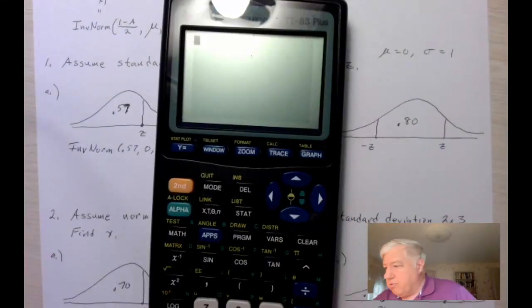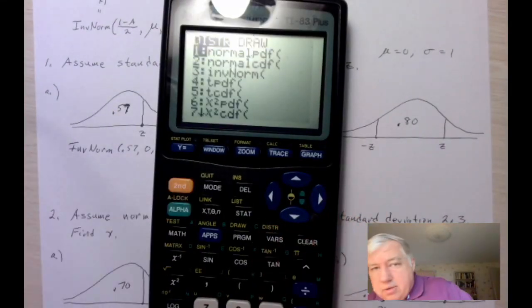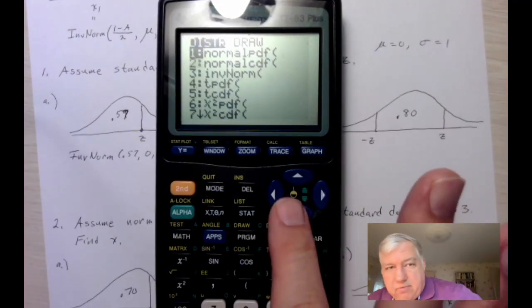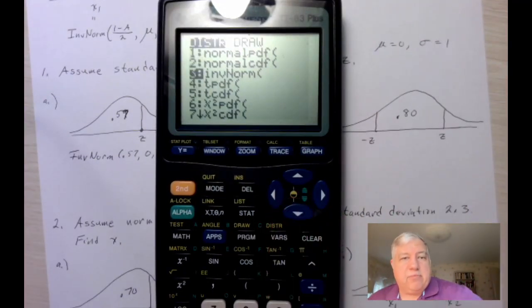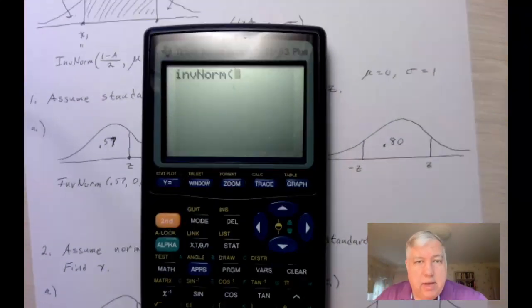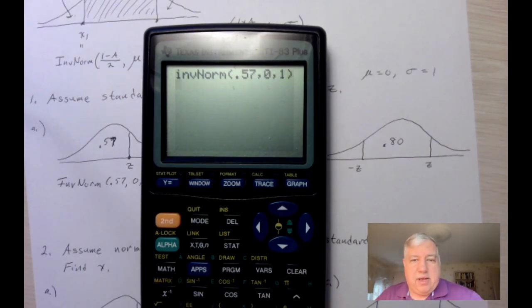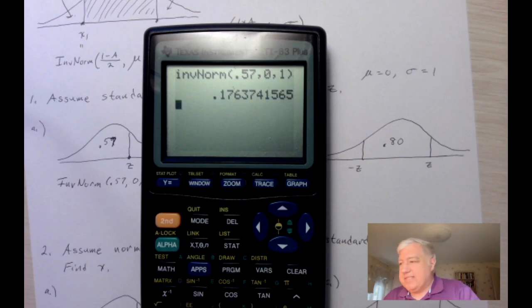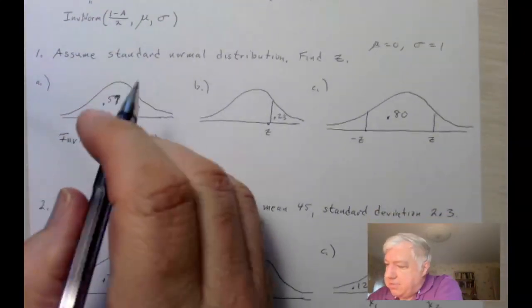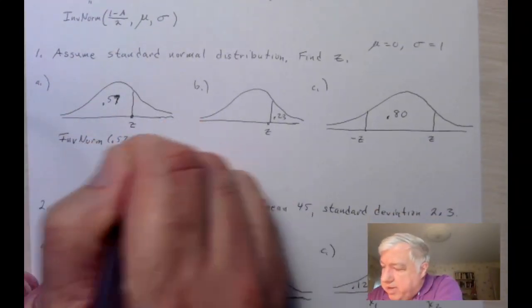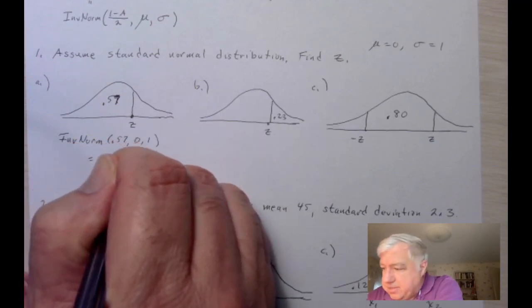You go to the distribution button, and it's conveniently right underneath the inverse norm button. We enter 0.57, comma, then our mean is 0 and our standard deviation is 1, and we get 0.176. So z is 0.176.